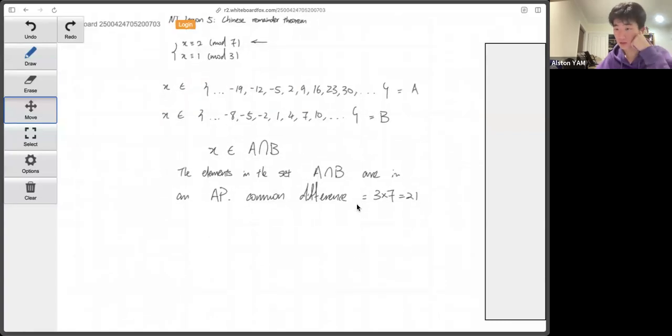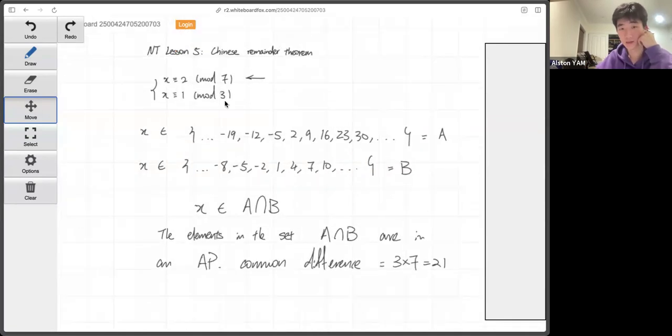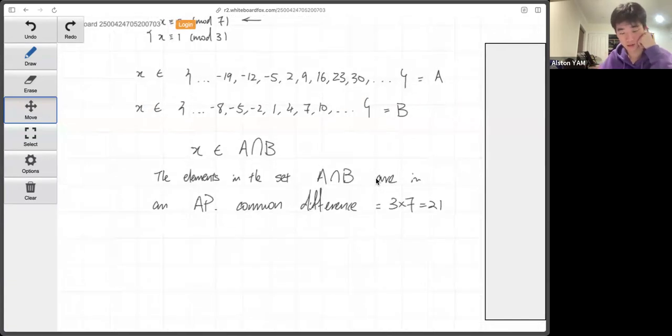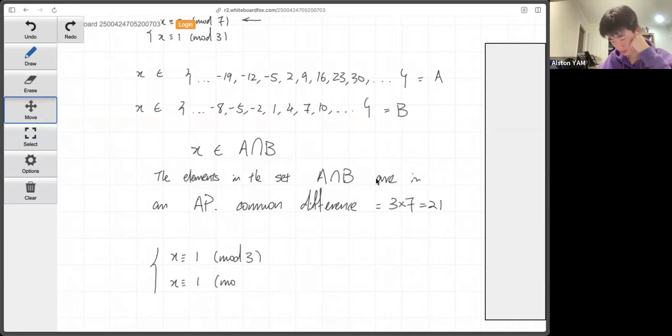And then what we can do is, because there are a few more cases, something special about 3 and 7 is that they're both prime. There are some other special cases. So for example, if we consider another set of congruences, x is congruent to 1 mod 3, and then x is congruent to 1 mod 6.